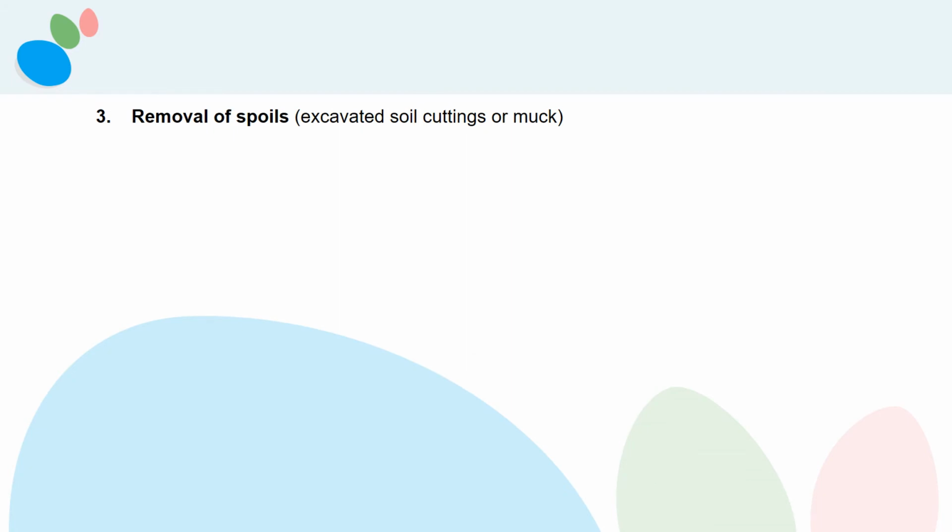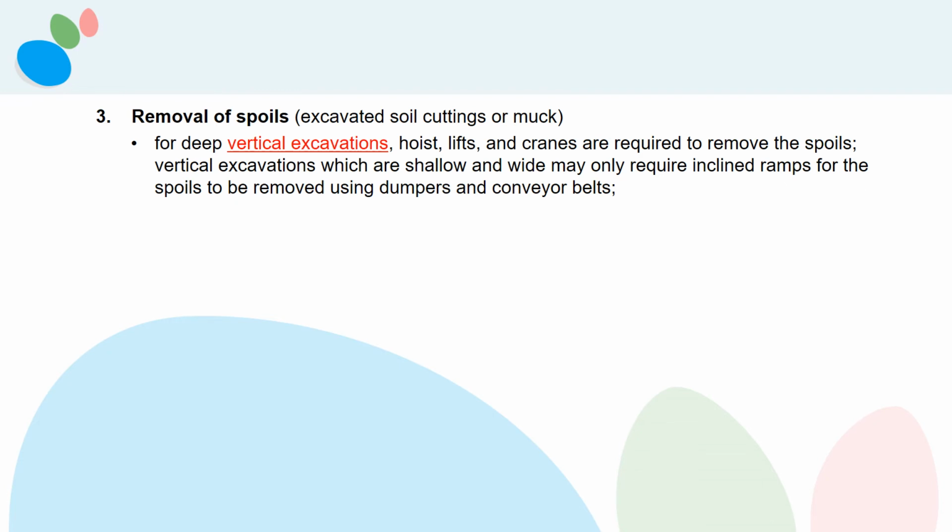3. Removal of spoils, excavated soil cuttings or muck. For deep vertical excavations, hoists, lifts, and cranes are required to remove the spoils. Vertical excavations, which are shallow and wide, may only require inclined ramps for the spoils to be removed using dumpers and conveyor belts.